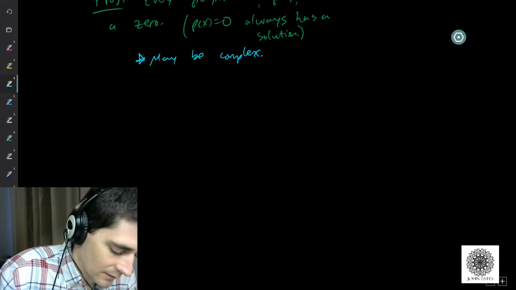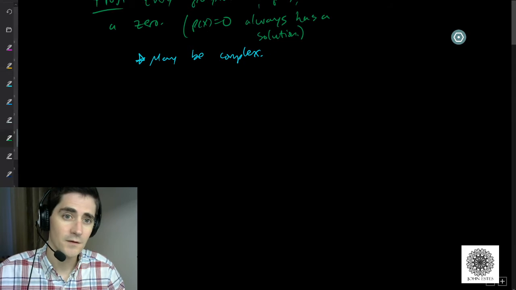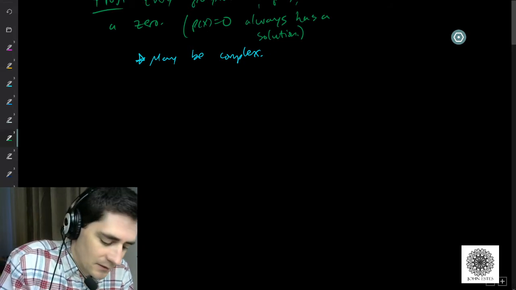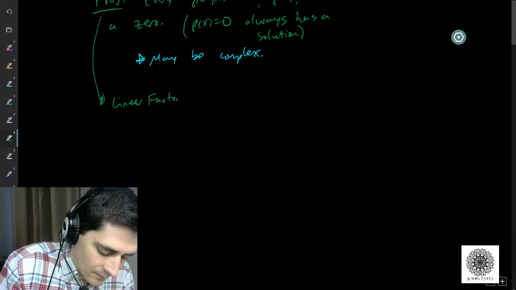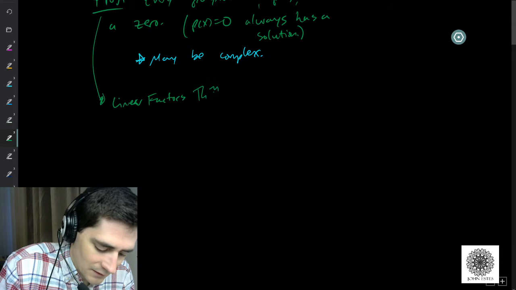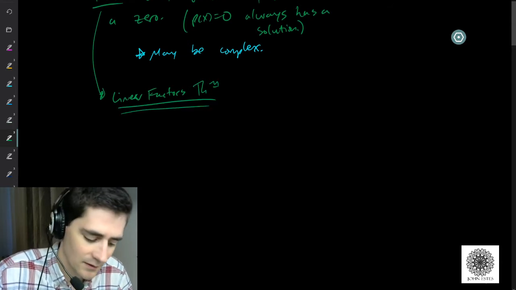And so this leads to something very important that often is referred to as the Fundamental Theorem of Algebra, but we could also call this the linear factors theorem. And it comes directly from the Fundamental Theorem of Algebra through the process I just explained.